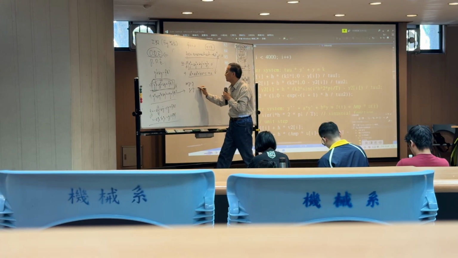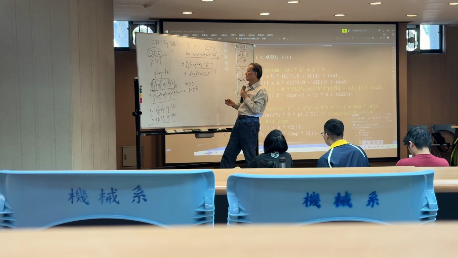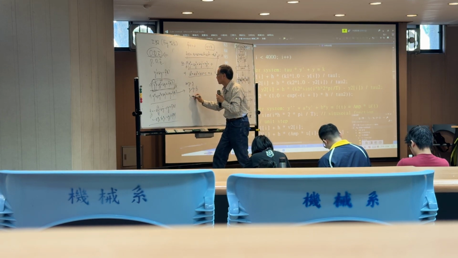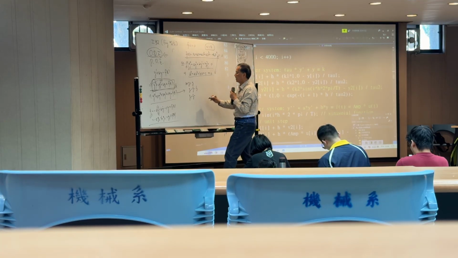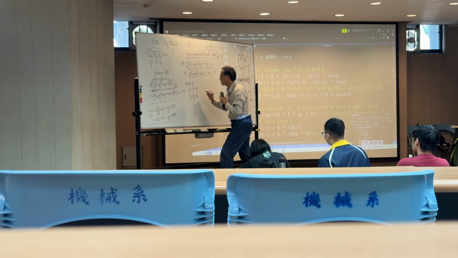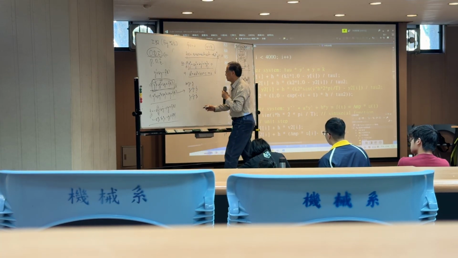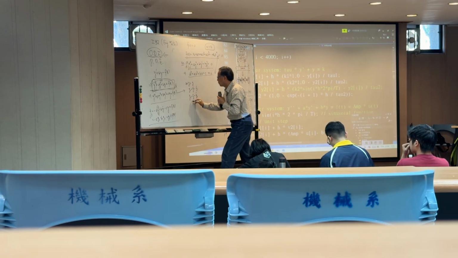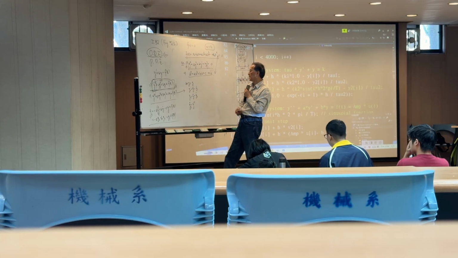That equals y1 dot. And then y3 is y double dot, and y double dot is y2 dot, right? And we say y3 dot equals y triple prime, right?